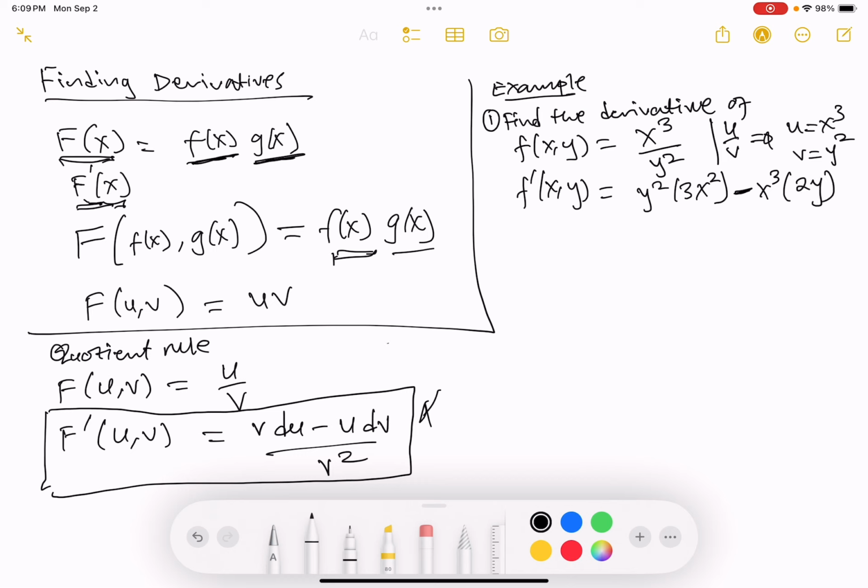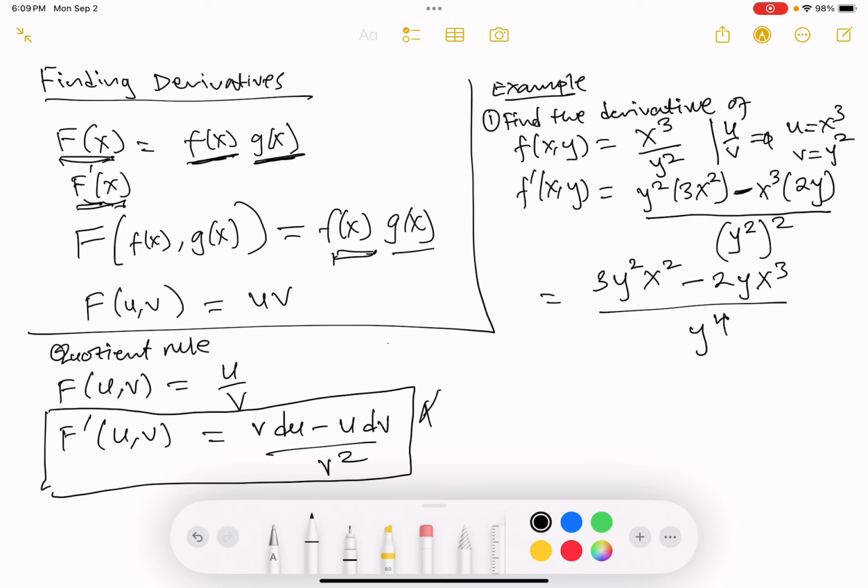If you don't remember how to do the derivatives of those, please go back to some of my previous videos and they will explain exactly what we're doing. So divide by v squared, and we said our v is y squared, so this is going to be y squared squared. So this is going to give you essentially 3y squared x squared minus 2y x cubed over y to the 4.